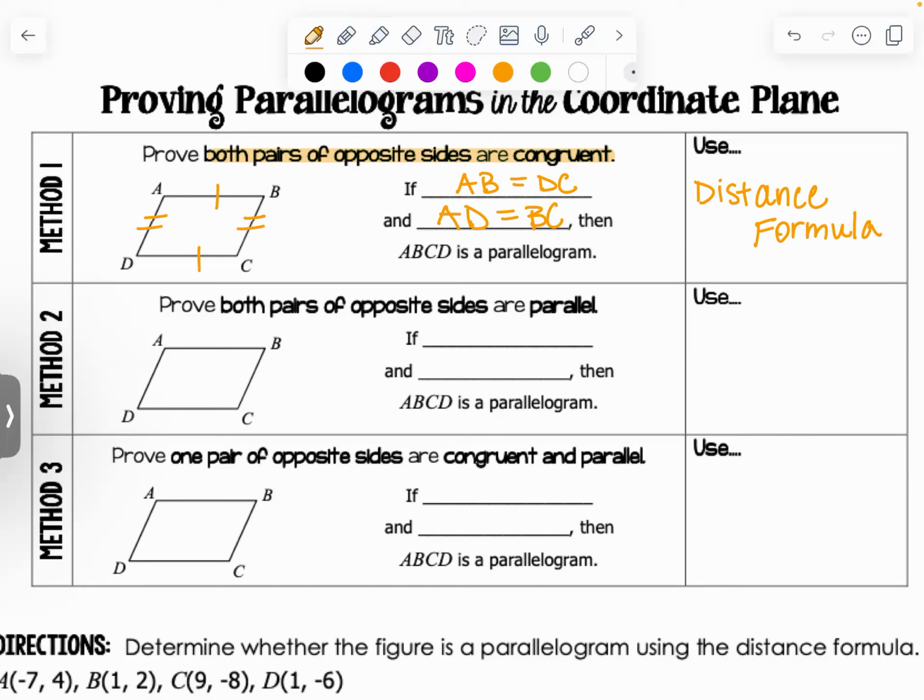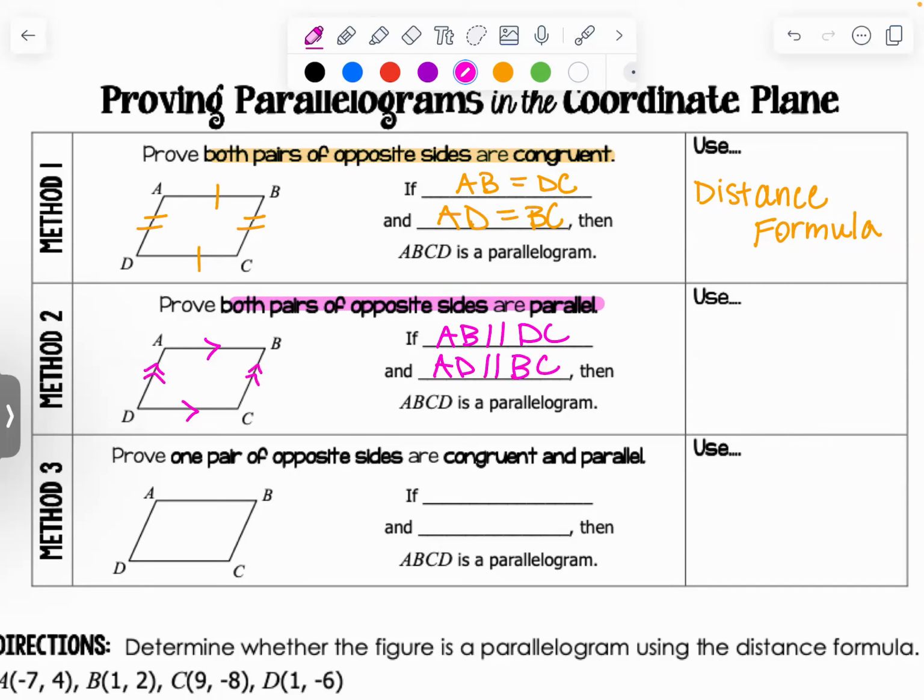Okay. Now, we could say, hey, both pairs of opposite sides are parallel. So we could show AB is parallel to DC, and we could show that AD is parallel to BC.